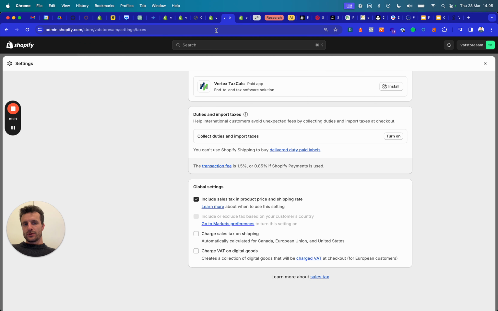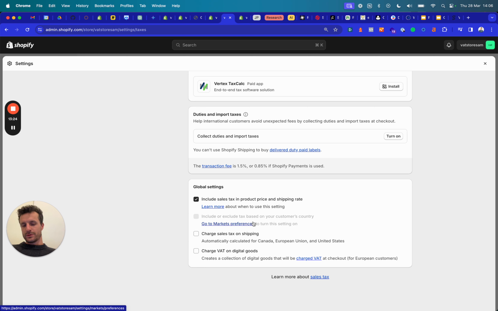So to conclude, if we did not check this box, then basically the price for B2C customers is constant throughout Europe, right? Because even if it's a German and it's a B2C customer, so the customer is not tax exempt, then Shopify will charge that German customer 121 euros, but with 19% German VAT included in the price.